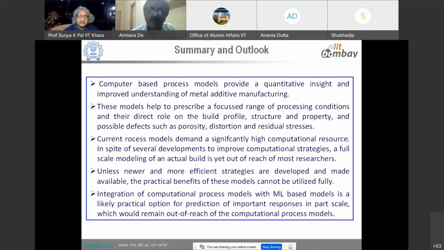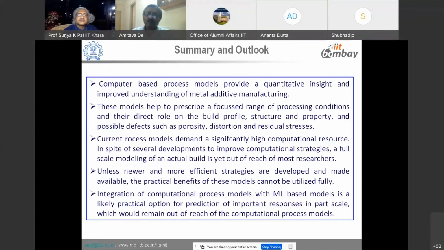At the sample level, small scale, these models have already helped to predict a focused range of processing conditions, and can say that, okay, within this, one can look at how further optimization of conditions is required to build a part, to reduce defects, and so on.